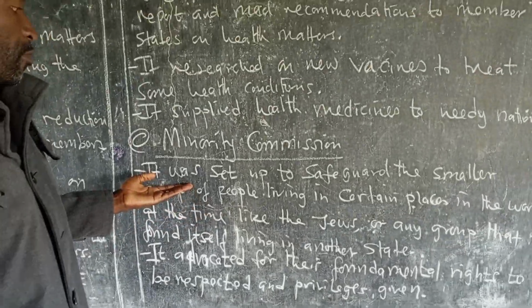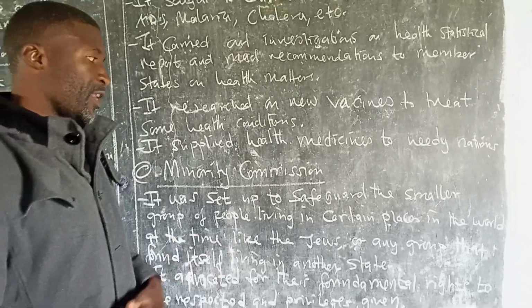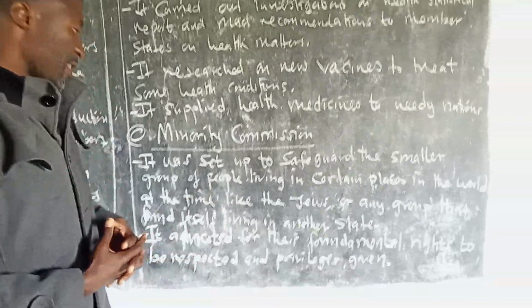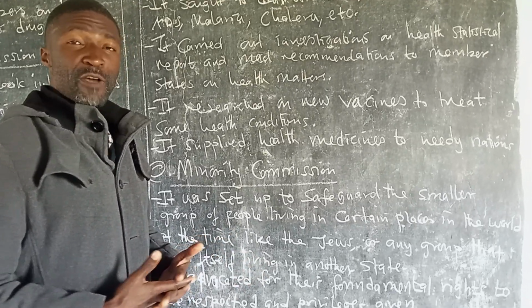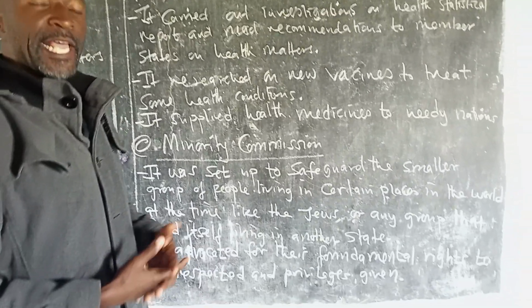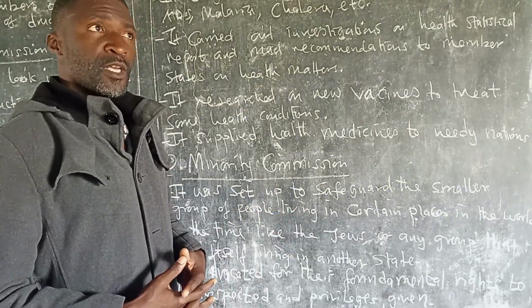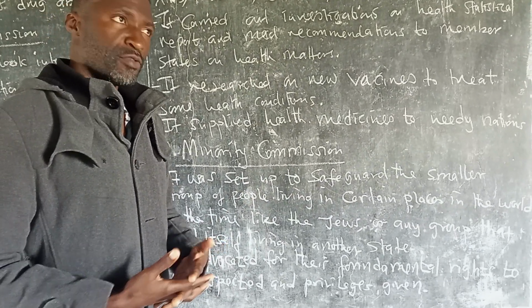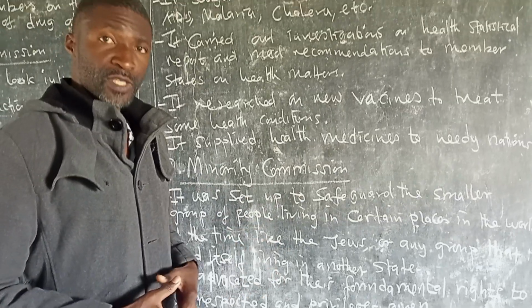And then you've got the Minority Commission. The Minority Commission was set up to safeguard the smaller groups of people living in certain places in the world at the time. You understand? For example, today you have cases of the LGBTQ community, lesbianism, gayism. You know, not everyone promotes those marginalized groups in societies.